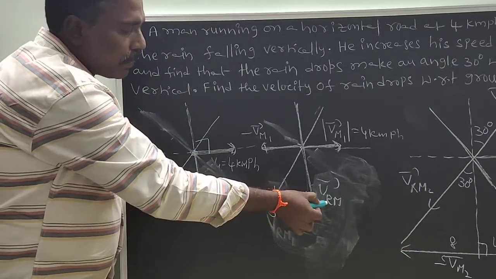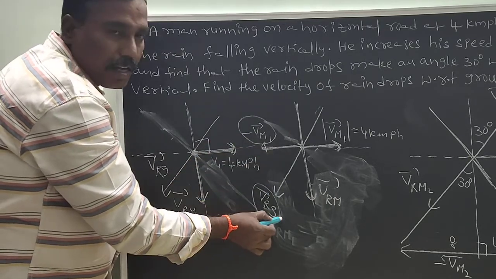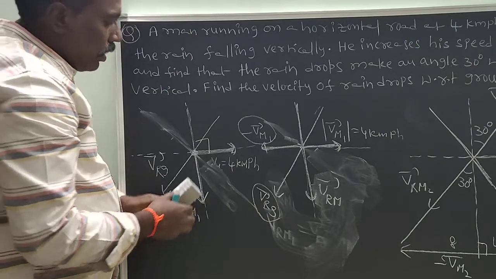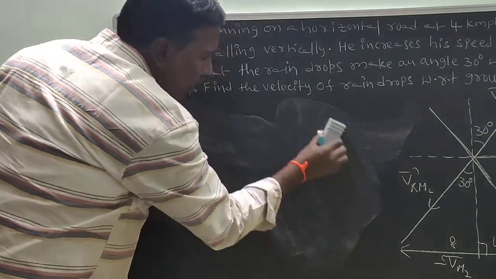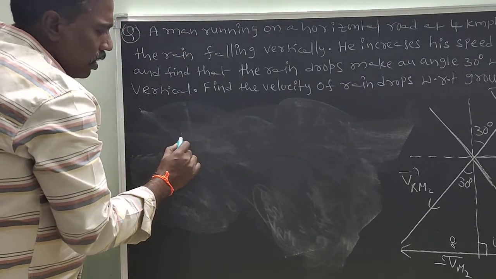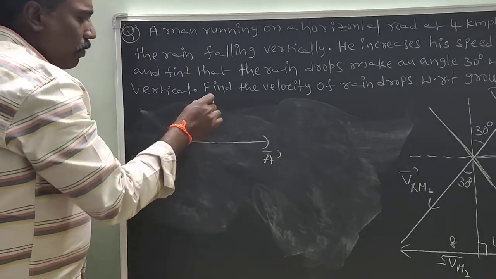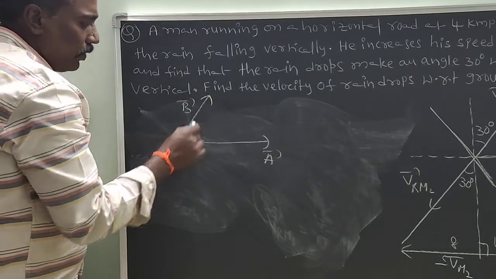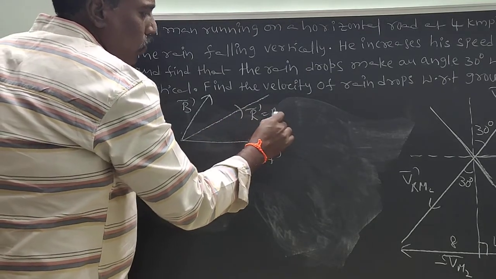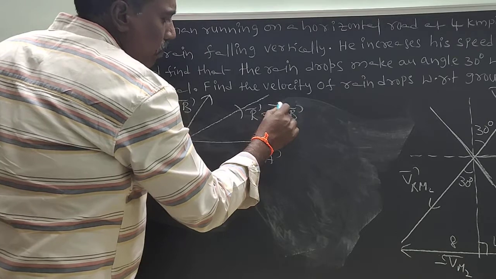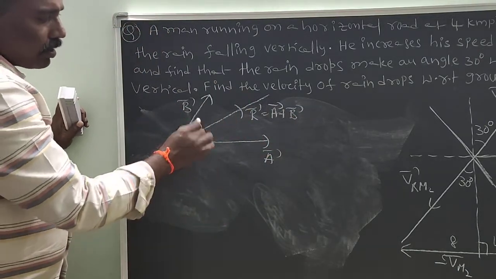Velocity of rain with respect to man is the resultant of minus Vm1 and Vrg bar. But the resultant of any two vectors, suppose this is A bar, this is B bar, must be in between the two vectors. So A bar plus B bar. So the first case is possible, the second case is not possible.